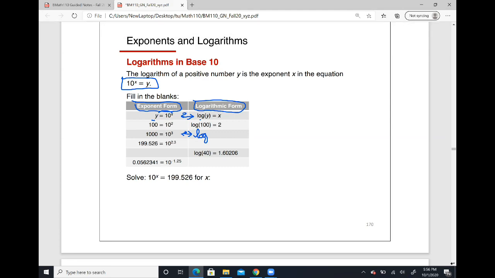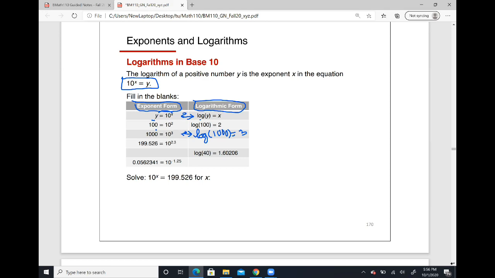And of what? Of the argument over here: log of 1000 equal to the exponent. That is a way to convert from the exponent form to the log form.